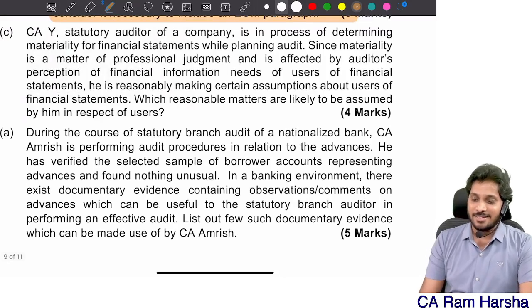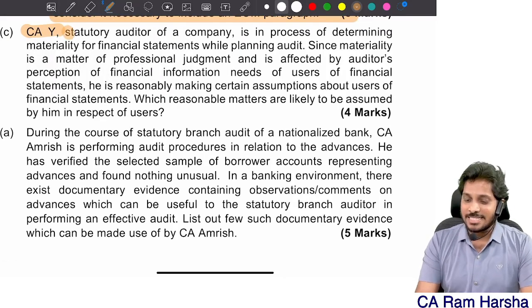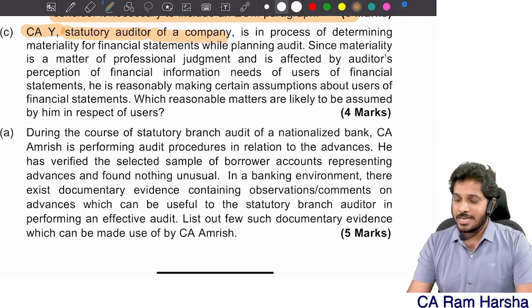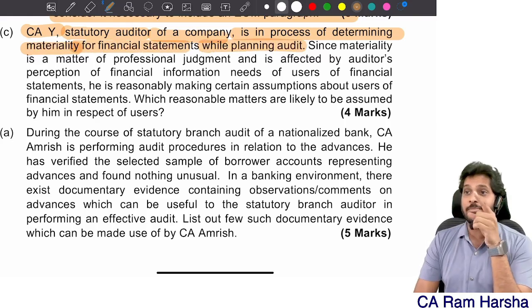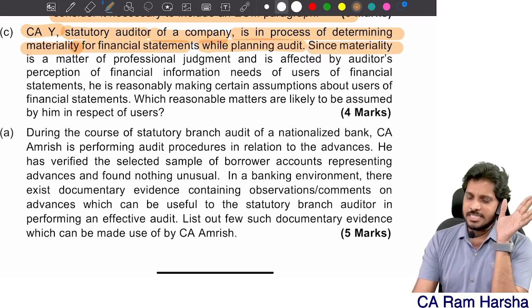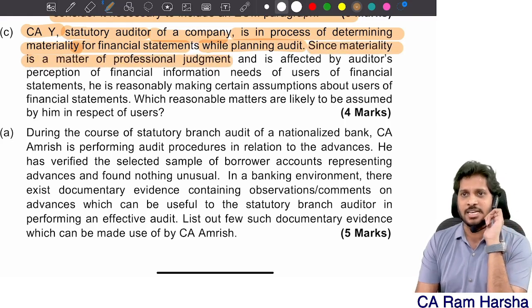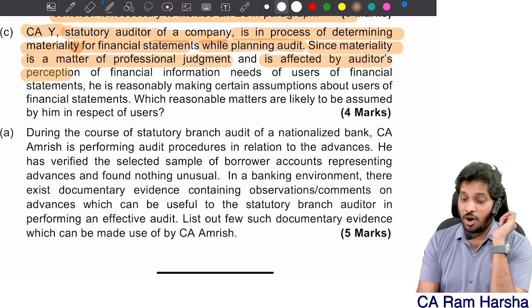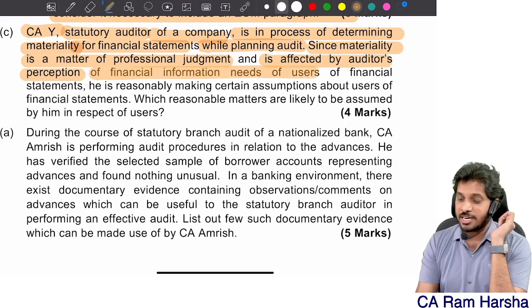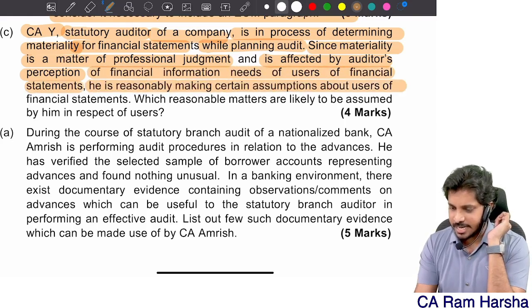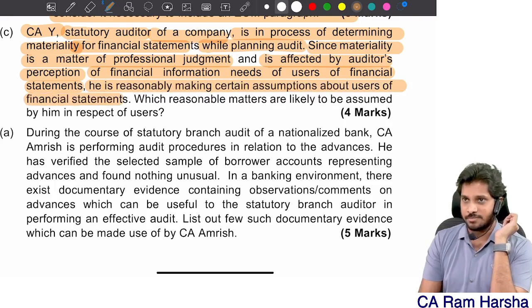Next, CA question. The statutory auditor of a company is in the process of determining materiality for financial statements while planning the audit. Since materiality is a matter of professional judgment, it is affected by the auditor's perception of the financial information needs of users of financial statements. He is reasonably making certain assumptions about the users of the financials.